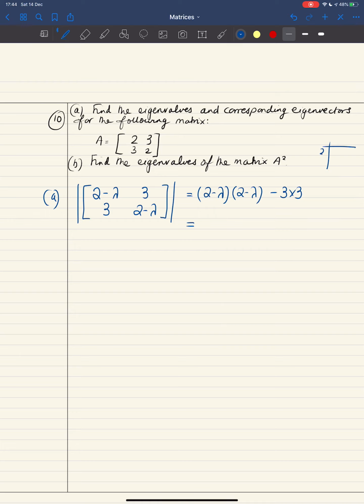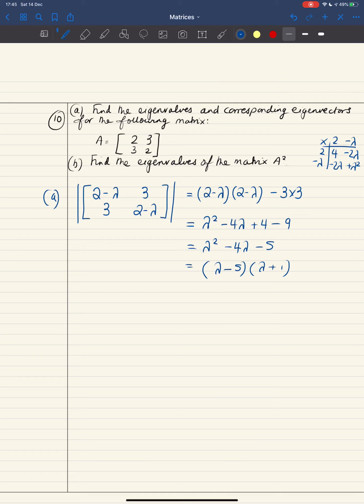If we do 2 minus lambda times 2 minus lambda, it's 4, minus 2 lambda, minus 2 lambda, plus lambda squared, minus 9. This is lambda squared, minus 4 lambda, minus 5. That's going to be lambda minus 5, lambda plus 1.